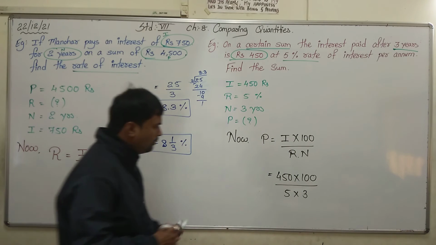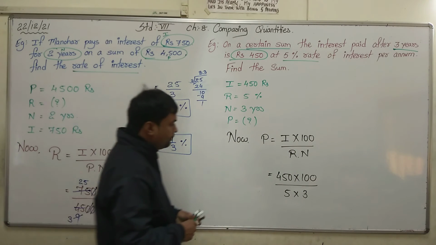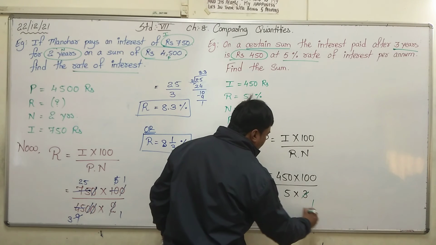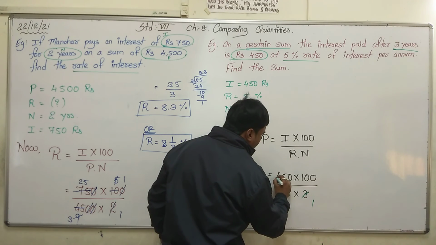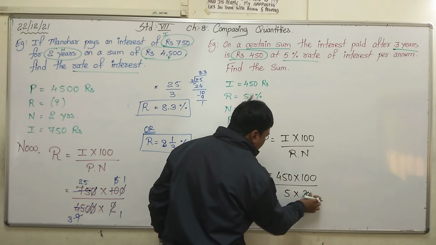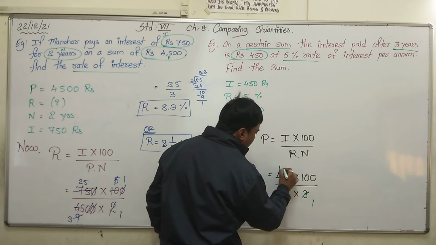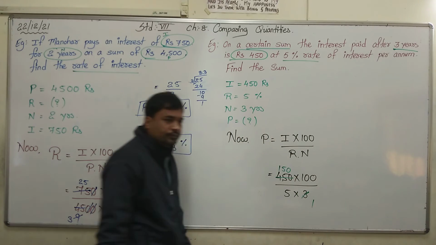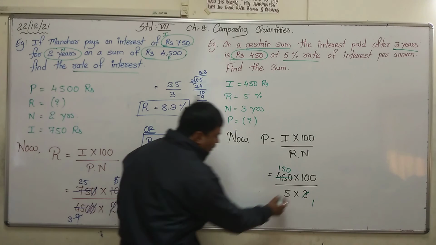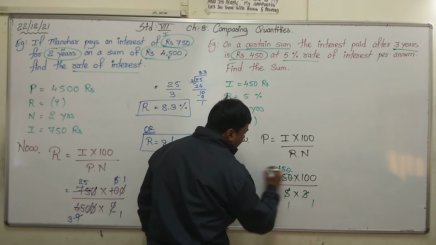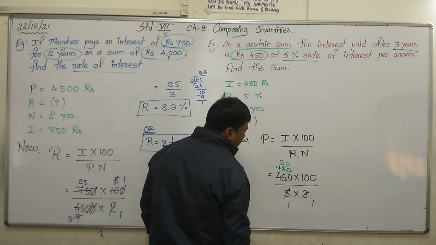Cancel it out whatever you can. 3 ones are 3, 3 ones are 3, 4 remains, 3 fives are, and 0 again. 5 ones are 5, 5 threes are 15 and 0.